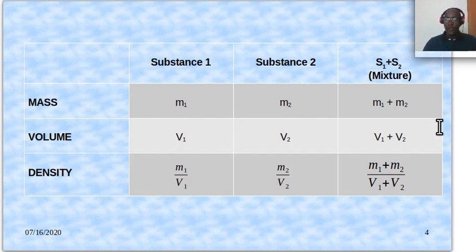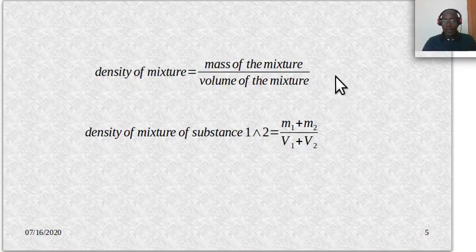With those two, we can easily determine the density of the mixture by simply taking the mass of the mixture divided by the volume of the mixture. Simple formula, but you need to understand what goes where. So it is the density of the mixture: we take the sum of the masses divided by the sum of the volumes of the individual substances.